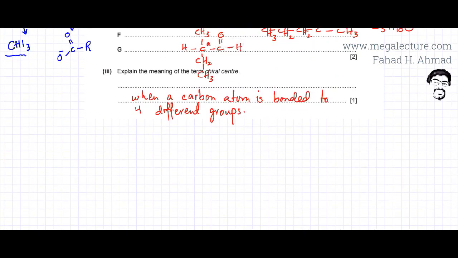As an example, I've drawn the above structure with this particular chiral carbon. It's bonded to 4 different groups. It's going to have a tetrahedral arrangement, with one bond coming out of the page and one going into the page, so all the angles are going to be 109.5 degrees. Whenever carbon is bonded to 4 different groups, it's called a chiral carbon atom.